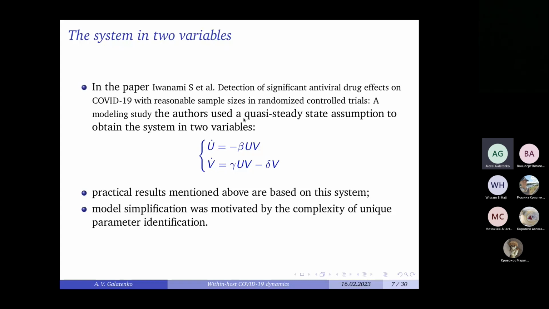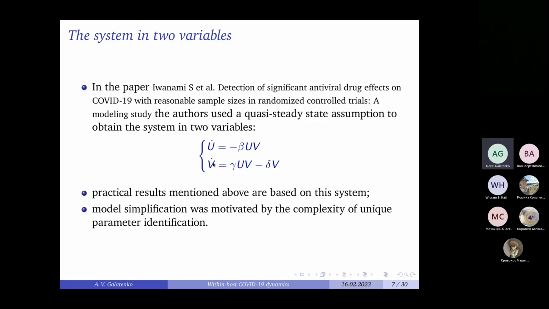They made a quasi-steady state assumption on the number of variance, and this assumption allowed them to obtain the system in 2 variables. Here, U is not the number of uninfected cells. Here, it is the fraction of uninfected cells. They performed normalization of the cell quantity.